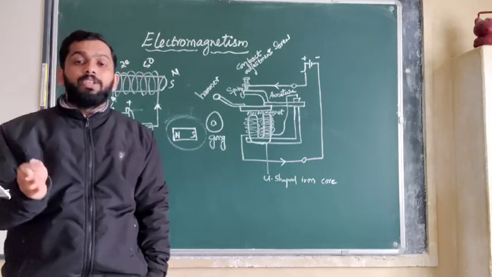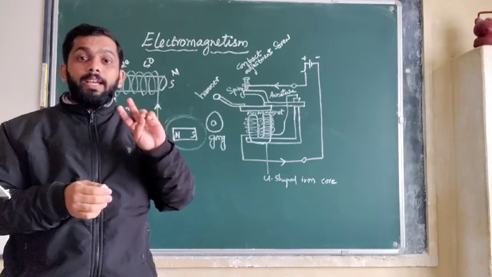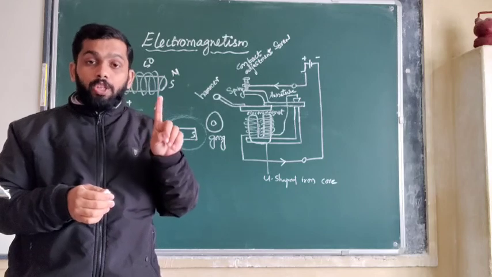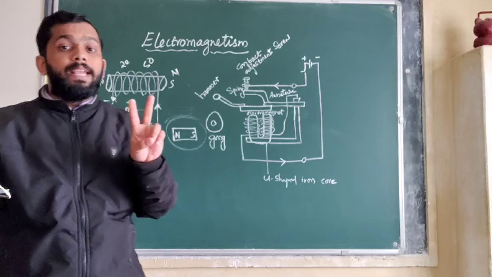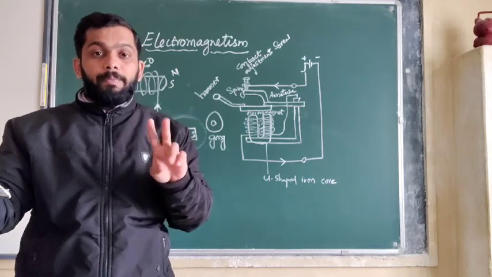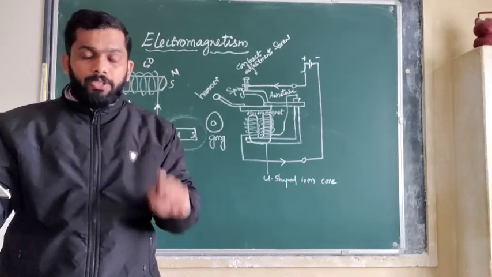This is another speciality of electromagnets. We can interchange the poles, and we can increase or decrease the strength of the magnetism by controlling the current or the number of turns.